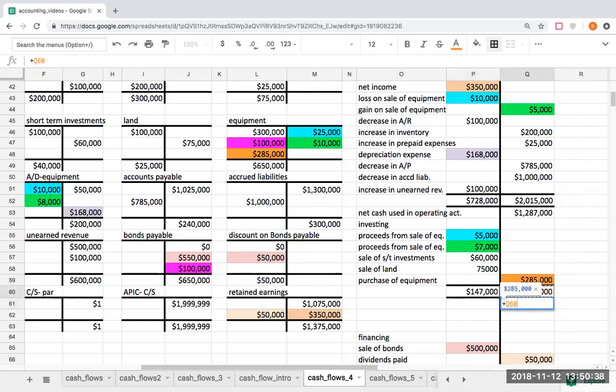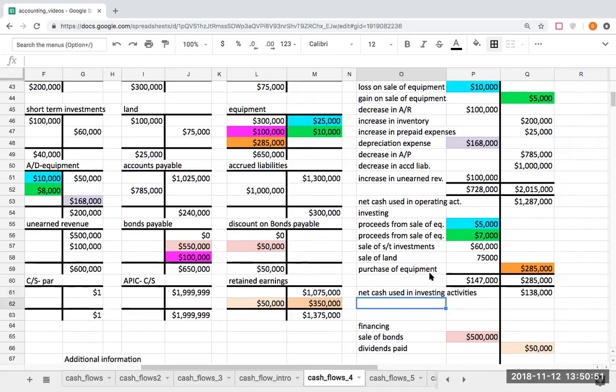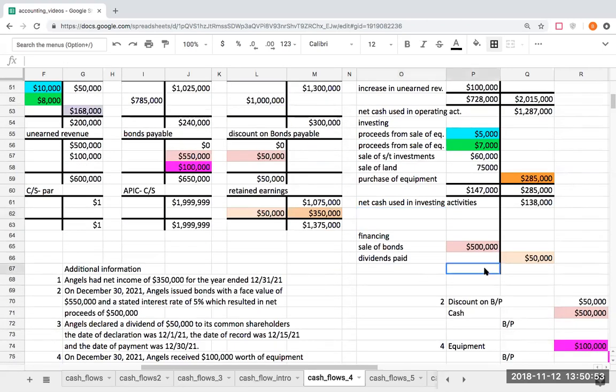Since I have a net credit balance, I'm going to say here net cash used in investing activities of $138,000.